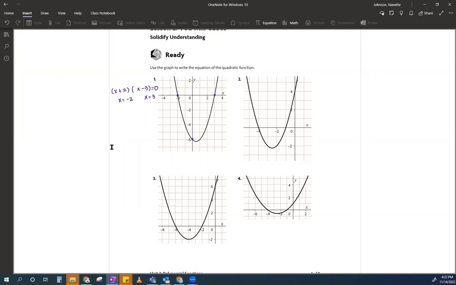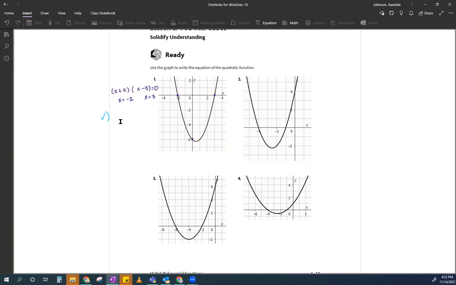So here's me checking my function. I'm going to go blank plus 2, blank minus 3, and then this is my y. I'm going to plug in 0 as my x. Okay, so here's my check.